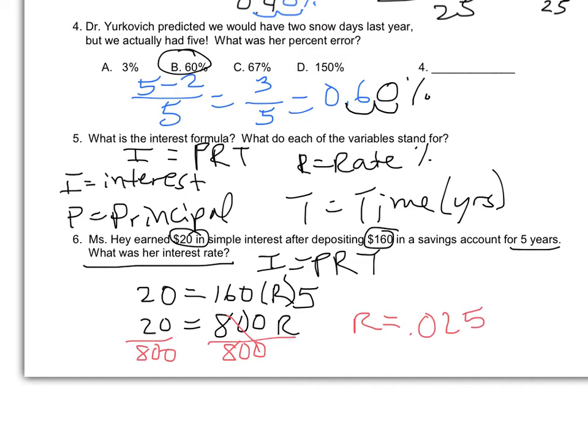Just like I said before, you don't want your rate as a decimal, you want it as a percent, so we move it over 1, 2. So your rate is 2.5%. You would write that out as a sentence: Mrs. Hay's interest rate is 2.5%.